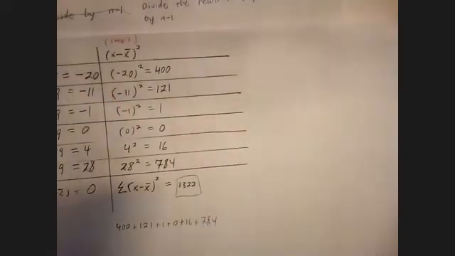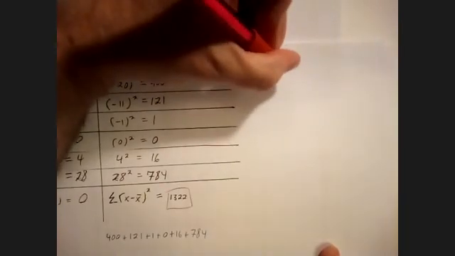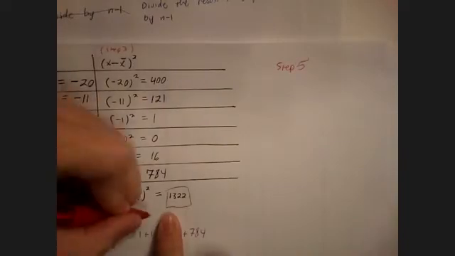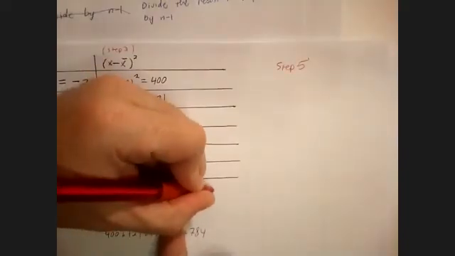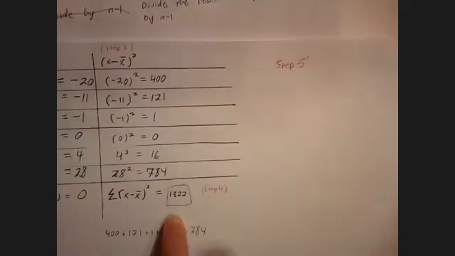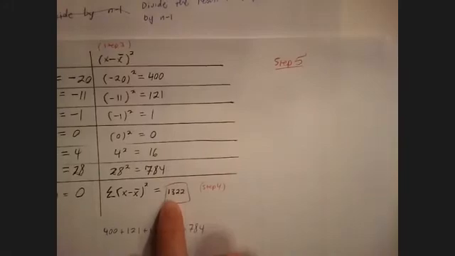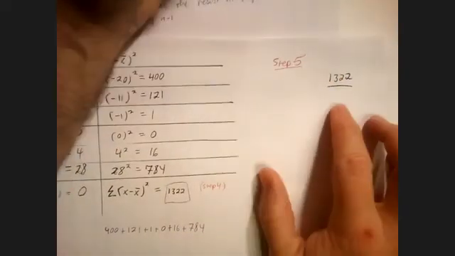Here we go. I don't think I need my table per se. So I'm just going to say right here, this is going to be step 5. This piece right here was step 4. Step 5, I'm going to take what I had in step 4 and divide it by n minus 1.